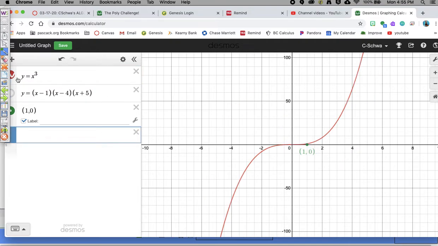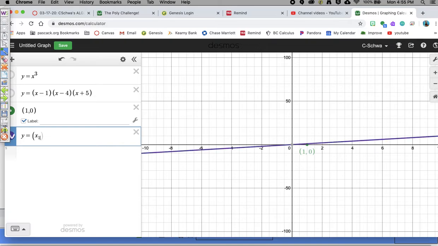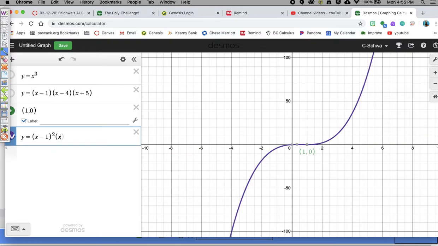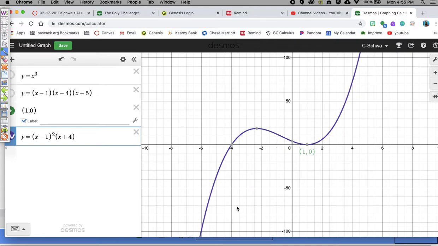I'm going to turn this off, and I want to show you something super interesting. Y equals (x minus 1) to the second power times (x plus 4). Now, what I want you to notice here is how many zeros there are.